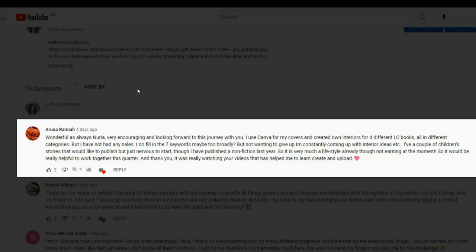I'm constantly coming up with interior ideas. I have a couple of children's stories that I would like to publish, but just nervous to start, though I have published a non-fiction last year. So it's very much a lifestyle already, though not earning at the moment. So it would be really helpful to work together this quarter. And thank you. It was really watching your videos that has helped me to learn, create and upload."